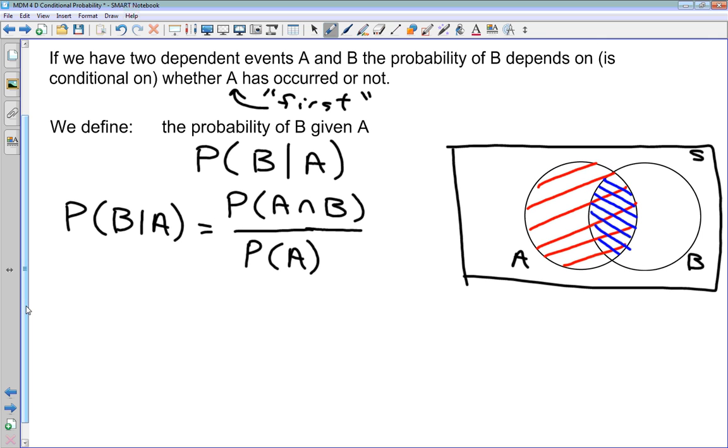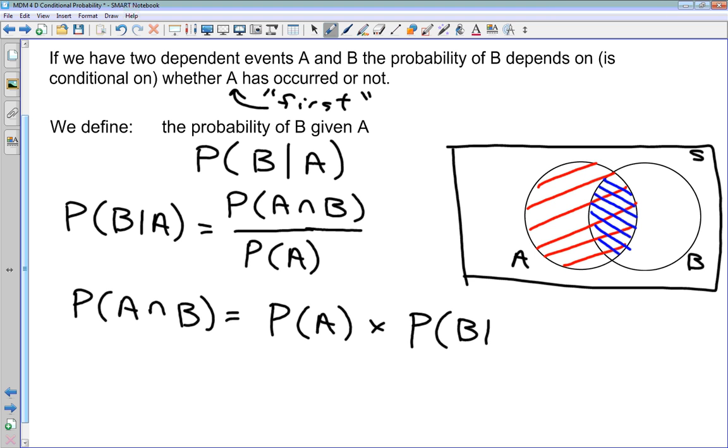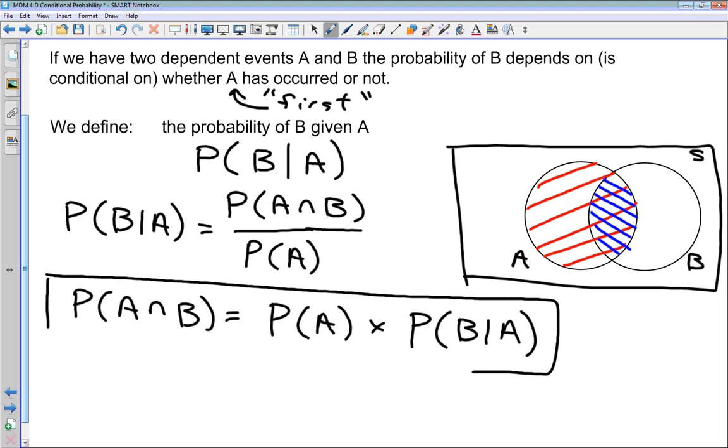So if we want to figure out the probability of two events, A and B, which are dependent, we can just rearrange this formula that we had up here. Cross multiply by the probability of A, and we get the probability of A times the probability of B given A. And this is the formula for conditional probability that we're going to be using throughout this section.